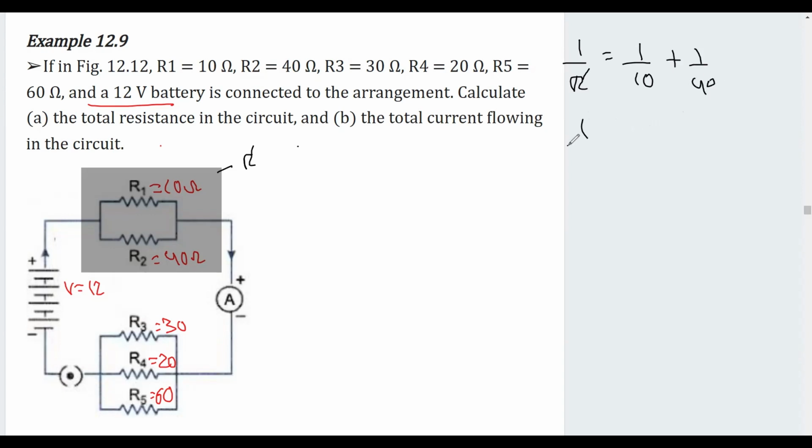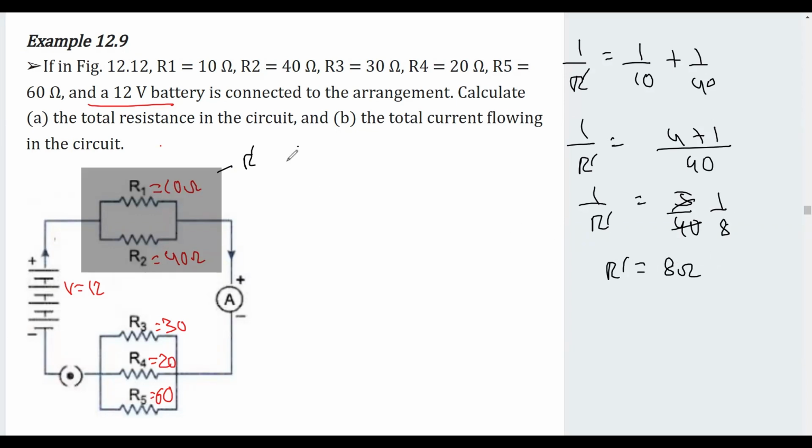Then we'll take the LCM here, that is 40. So 1 over R dash is equal to 5 over 40, that can be reduced to 1 over 8. So by cross multiplication, we got R dash as 8 ohm.